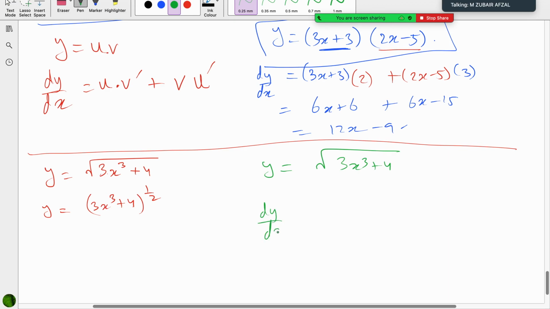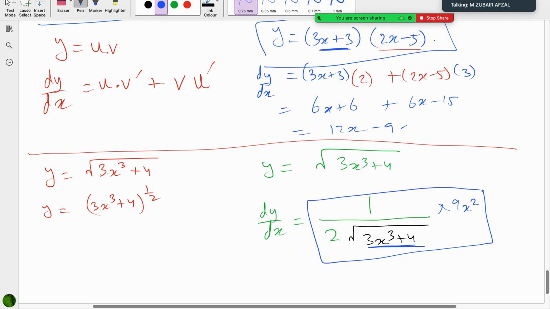For dy by dx, whenever you face a square root, write 1 over 2. Done. When we write this 1 over 2, second step, copy the main question in the denominator. First step, 1 over 2, second step, copy the main question, third step, differentiate this part. This would be 9x square. This is your final step, final answer.